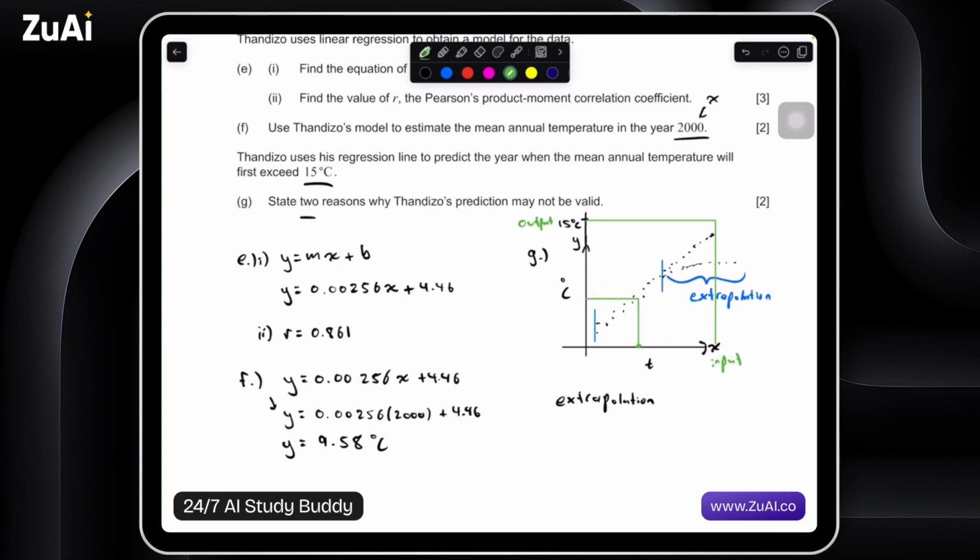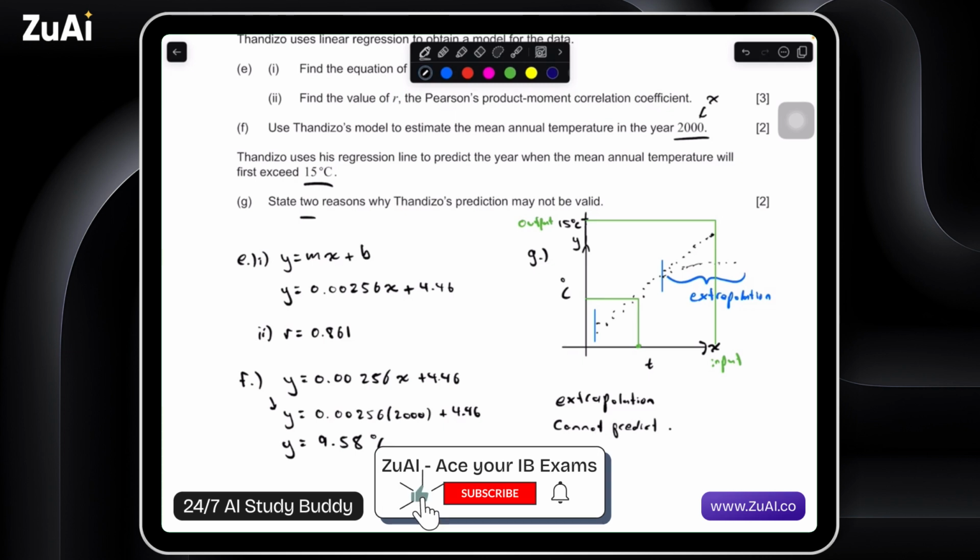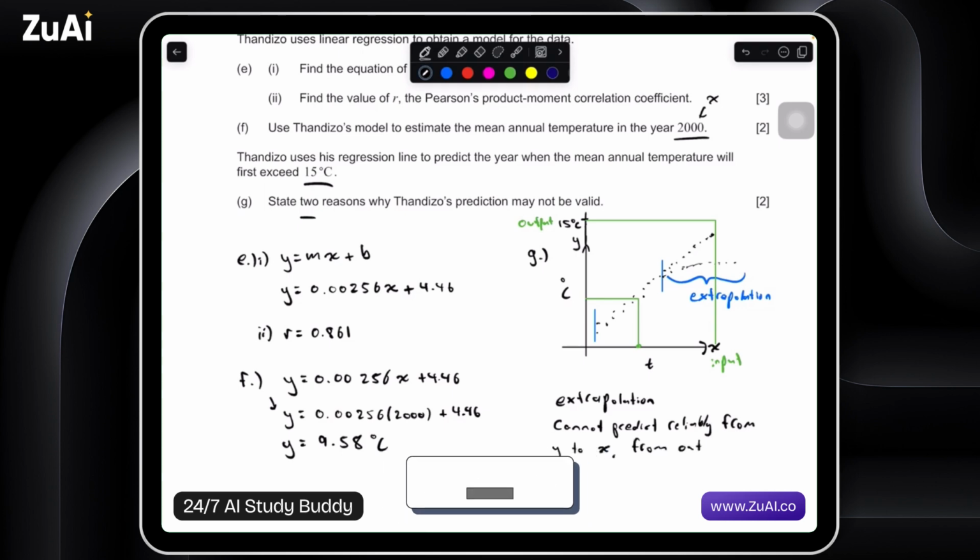That is to say, we can start at our output and go to our input. So how could we potentially write that out? Cannot always reliably make a prediction from y to x. You might say cannot predict reliably from y to x, or from output to input potentially. That would be the second reason.